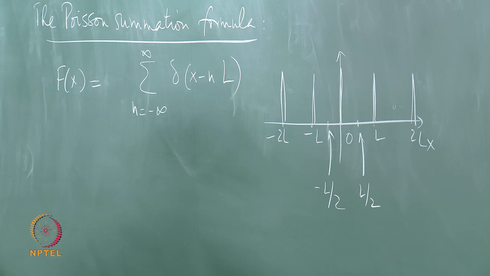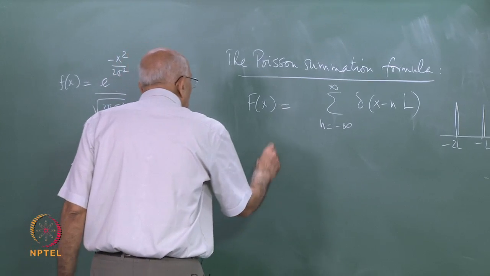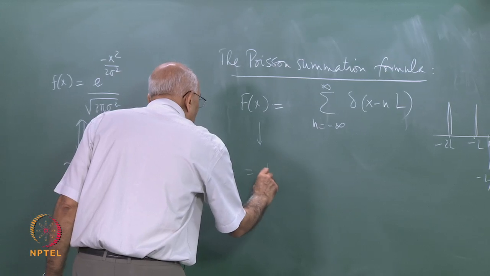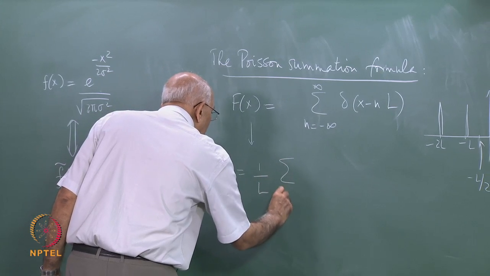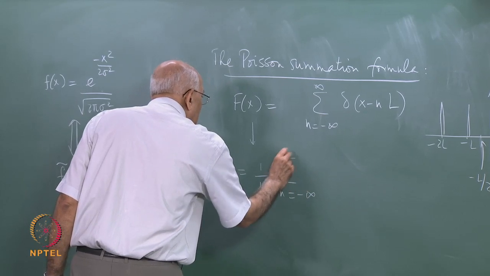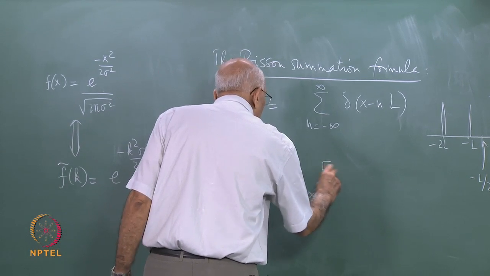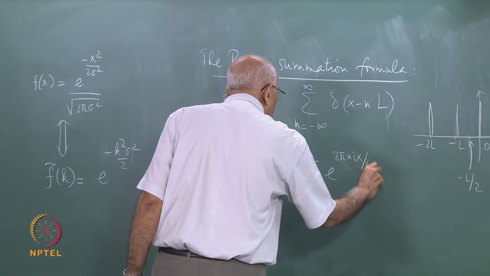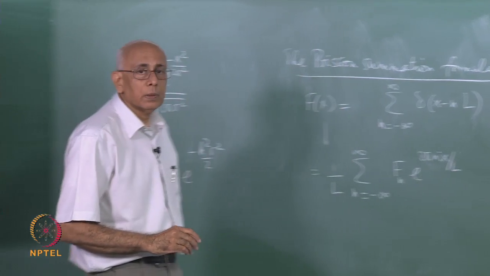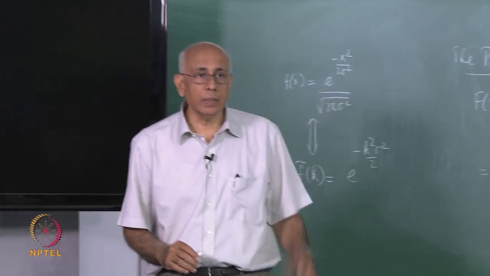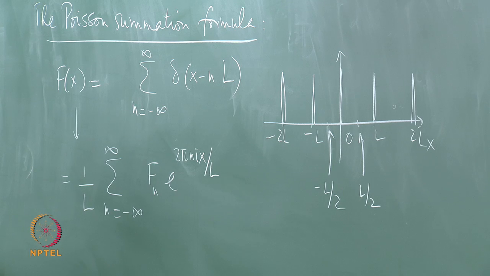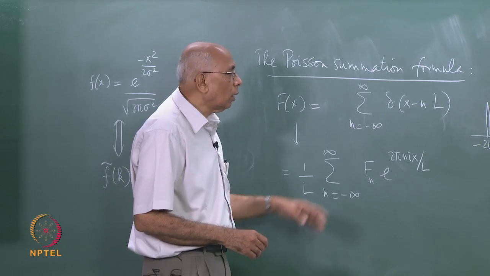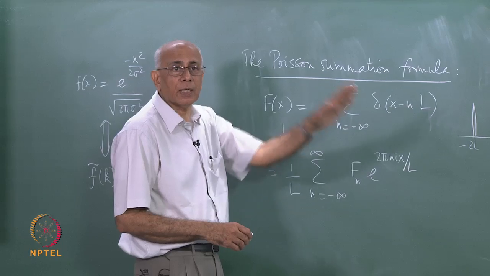Then of course I can also write this same f of x as equal to 1 over L summation over n equal to minus infinity to infinity f sub n e to the 2 pi n i x over L. Could write it in a Fourier series. Okay. And the period is L.